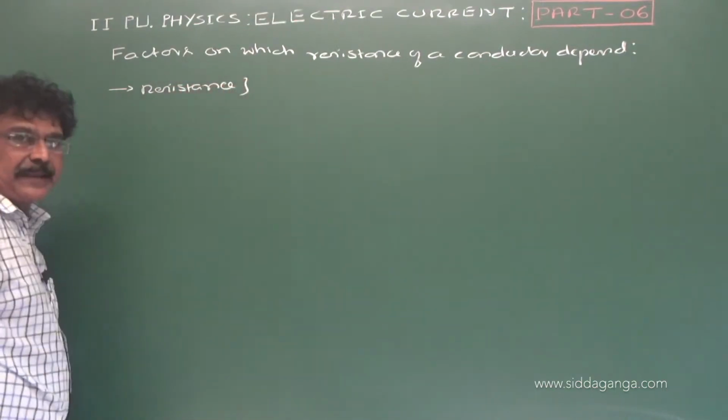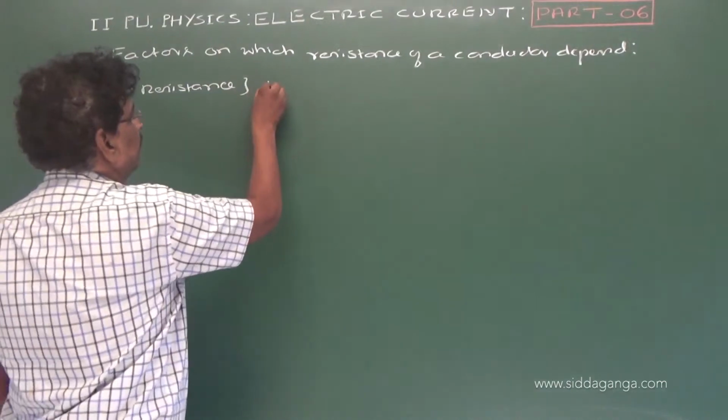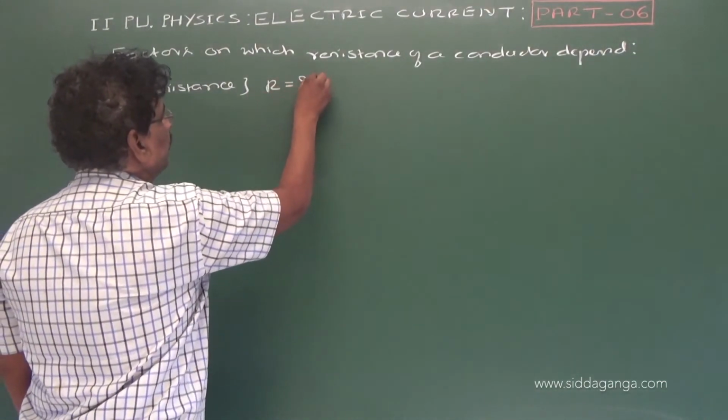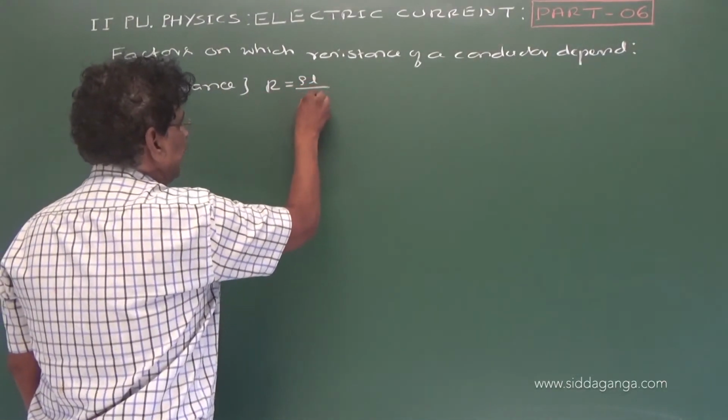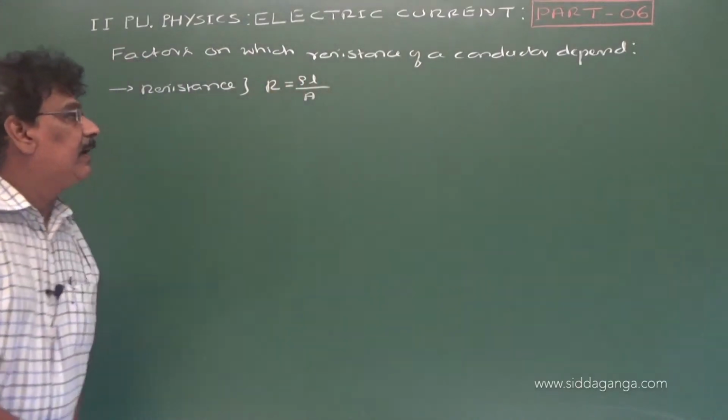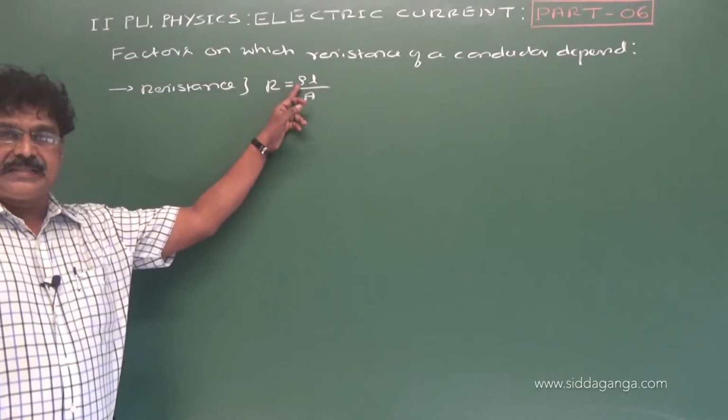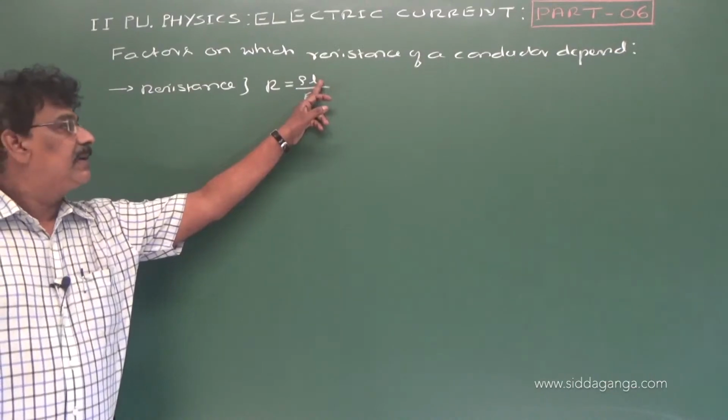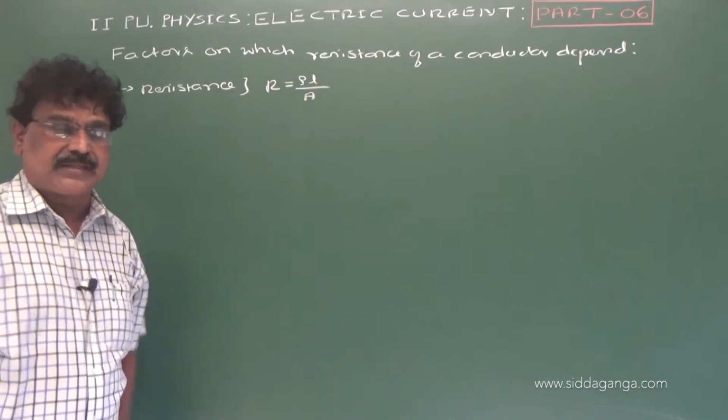Resistance is given by R equals rho into L by A, where rho is resistivity, L is length and A is area of cross section.